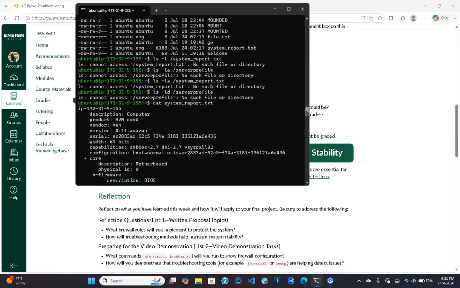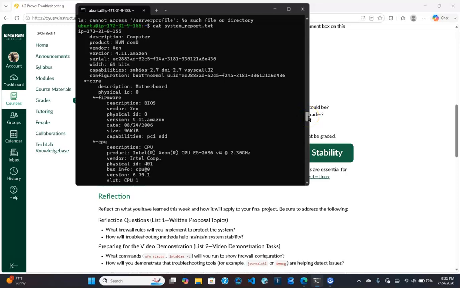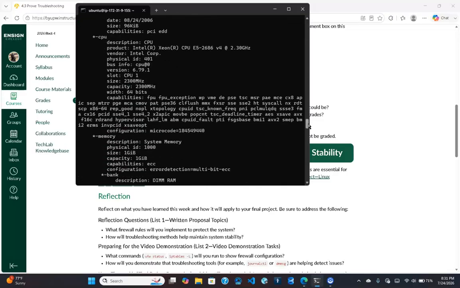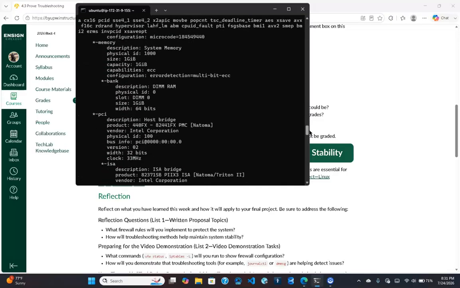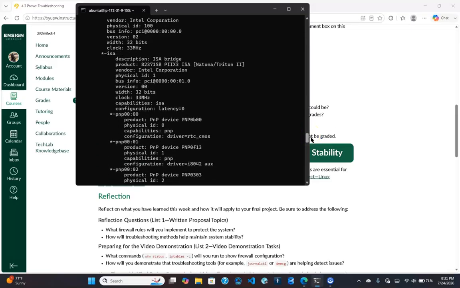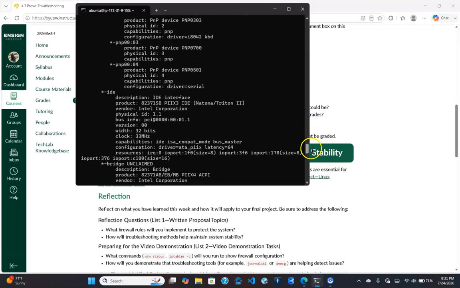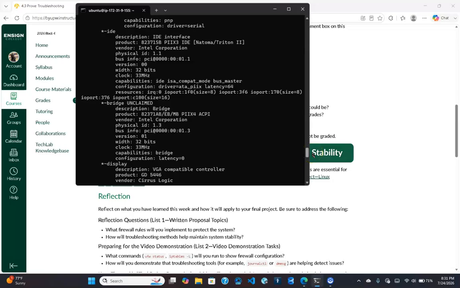This is my txt file that I did save, and it does tell a whole bunch of information. Firmware, CPU, all kinds of information here about where I'm pulling all my stuff from or what I'm using to find my stuff, computer-wise or hardware-wise. And this might be your server information too, as well.